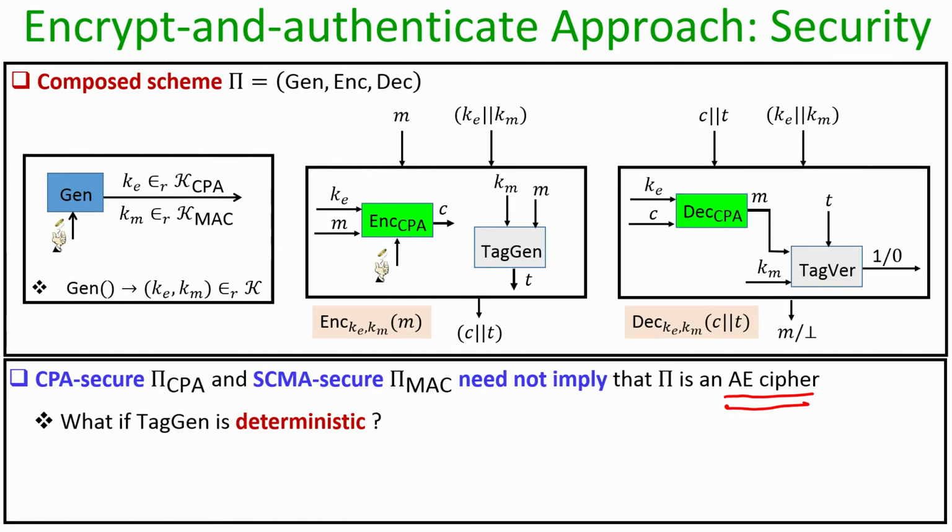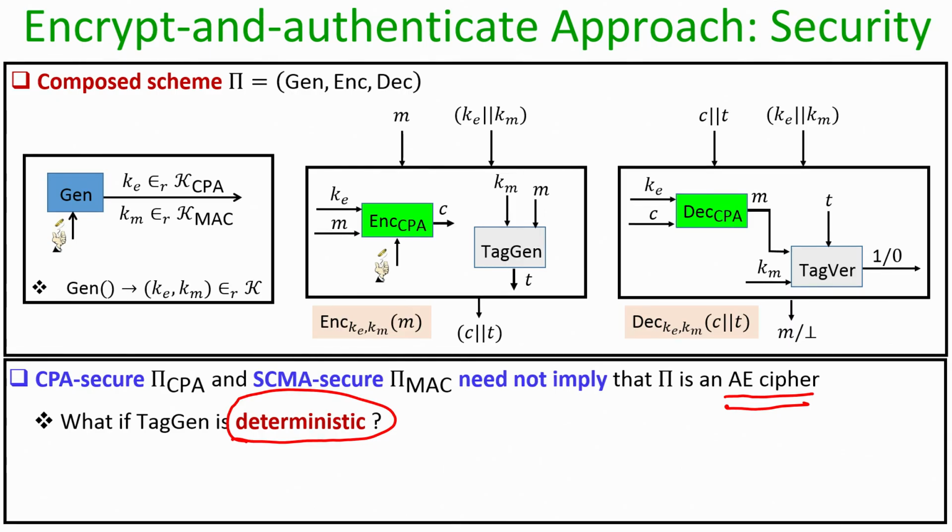Imagine we have a message authentication code where the tag generation algorithm is deterministic. We had seen during our discussion on message authentication codes that as far as the security is concerned, it is not necessary that your message authentication code should have a randomized tag generation algorithm. Even if the tag generation algorithm is deterministic, we can achieve security.